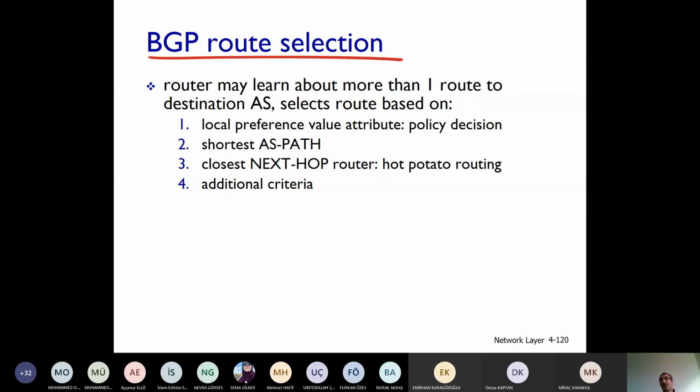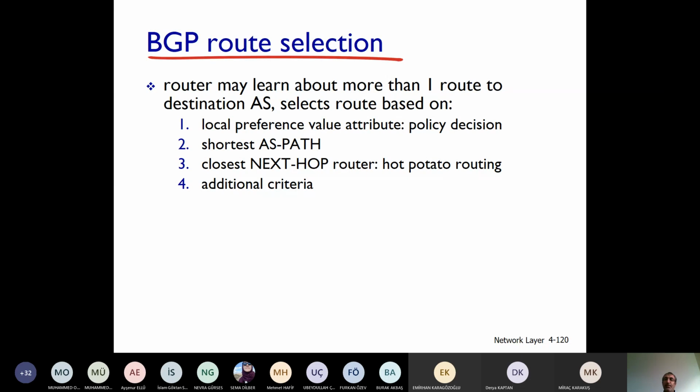How BGP selects the route is based on the following steps. We may have multiple paths or routes to the destination, but we're going to select one of them.